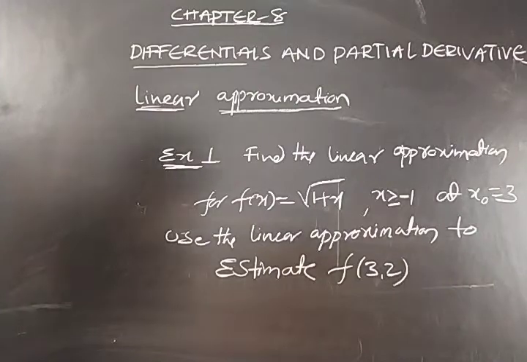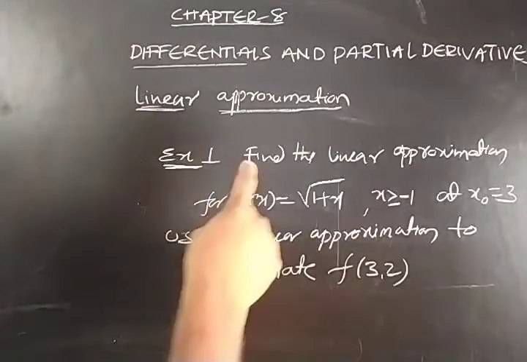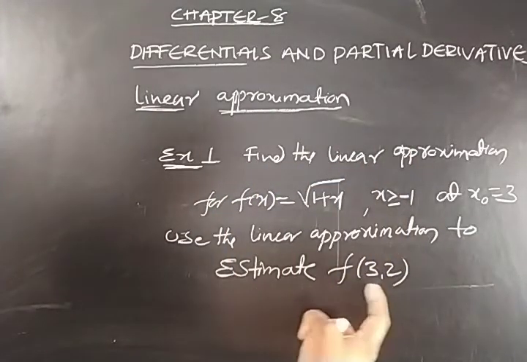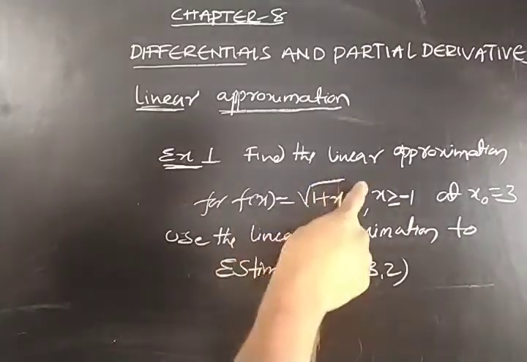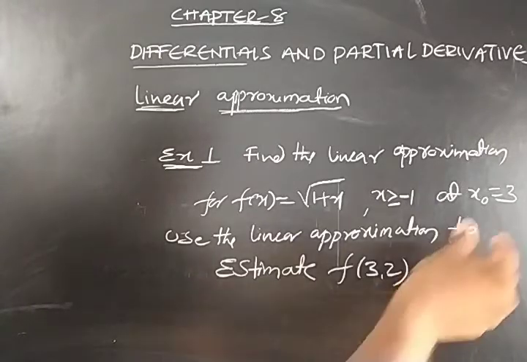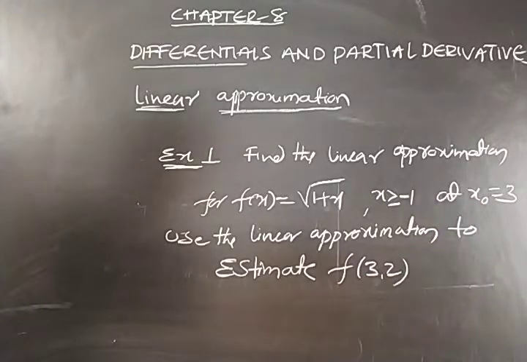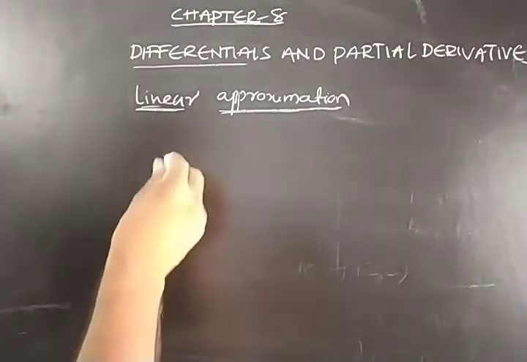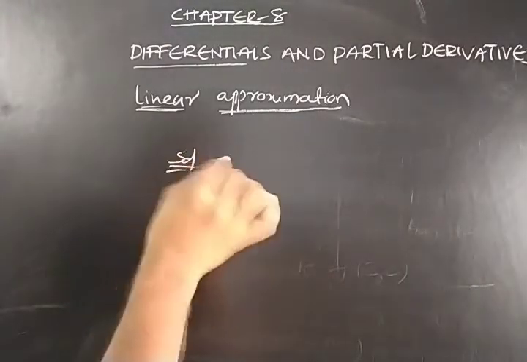So we have to find f of 3.2 using linear approximation. First we should find the linear approximation, then estimate f of 3.2. f of 3.2 means root of 1 plus 3.2, that is root of 4.2, which we have to find. The chosen point is x naught equal to 3, and the given function is f of x equal to root of 1 plus x. So I am going to solve this problem.